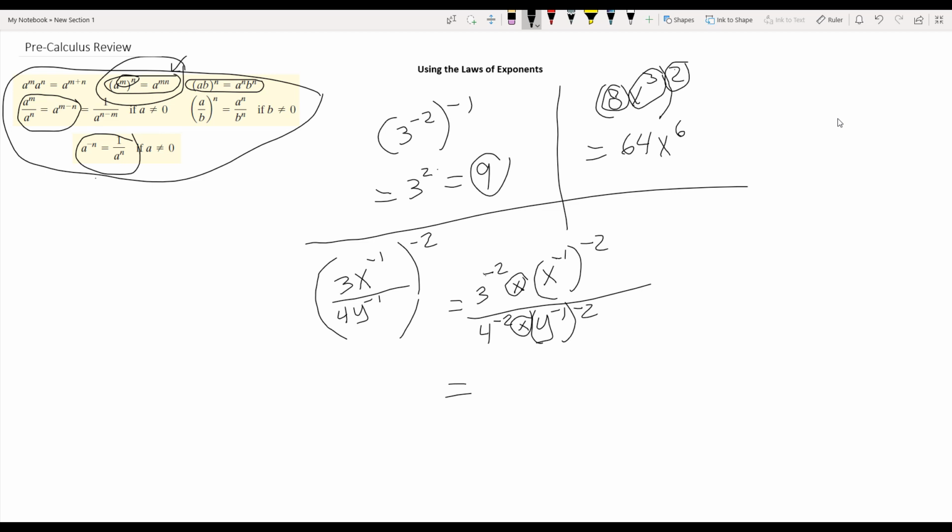Well, remember, this part here, again, is the same stuff. a to the -n. So how can we represent that? Well, 1 over 3 squared. And you all know that would be 1 over 9, right?